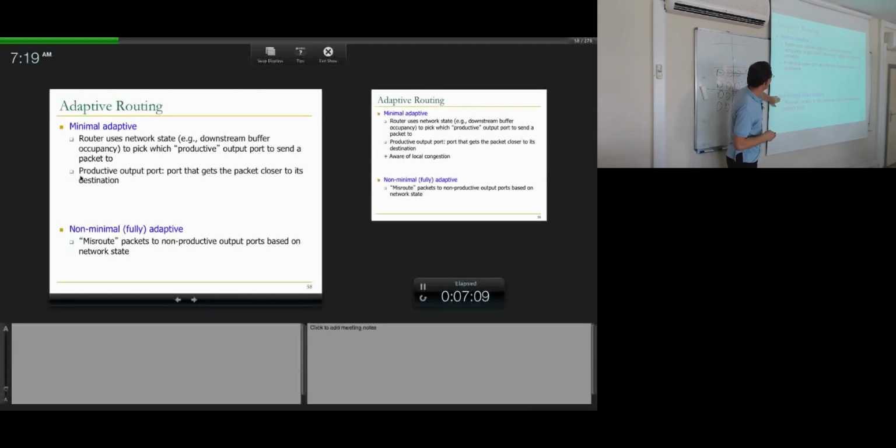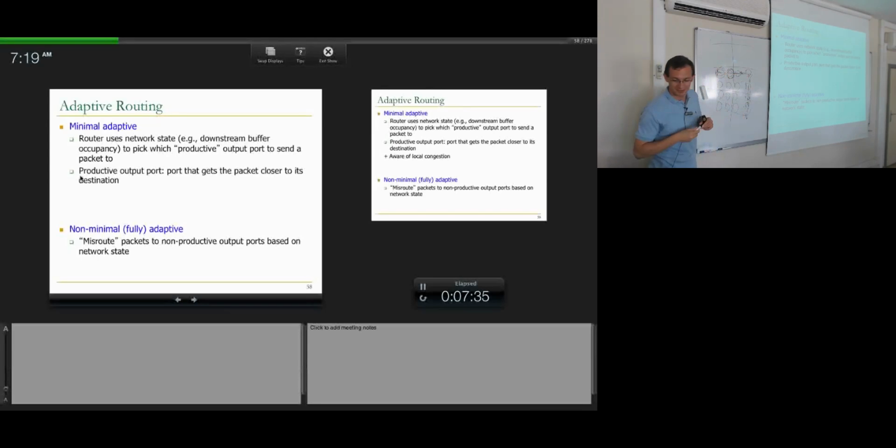And non-minimal adaptive routing is where you can misroute packets to non-productive output ports. Deflection routing is one example of this. Basically, whenever you adapt, let's say you get a packet here trying to go over here, but you figure out this path is congested, you can actually send the packet toward this direction, right?